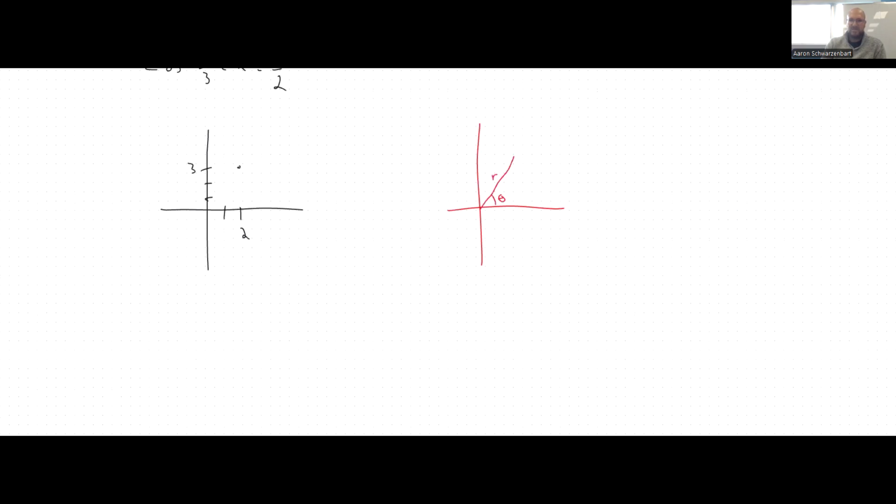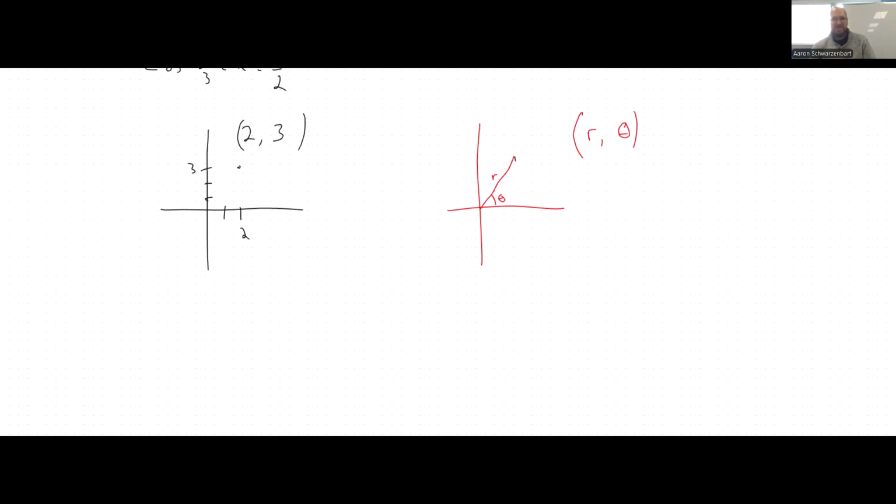So my coordinates look like this, r, theta.